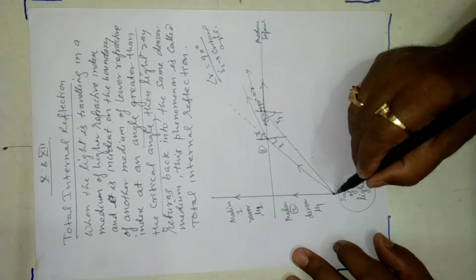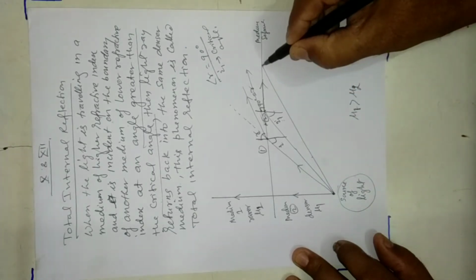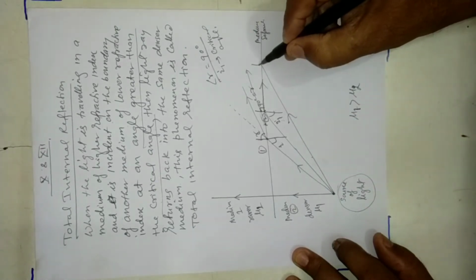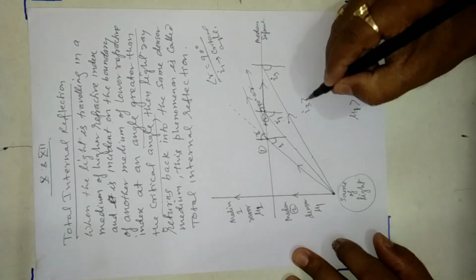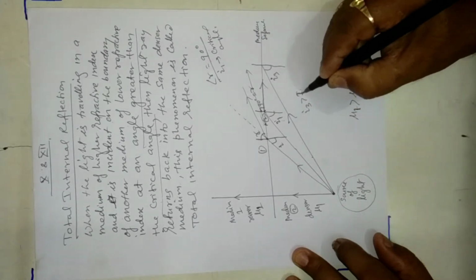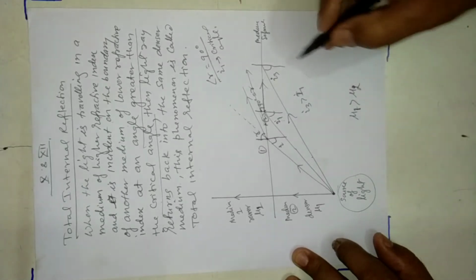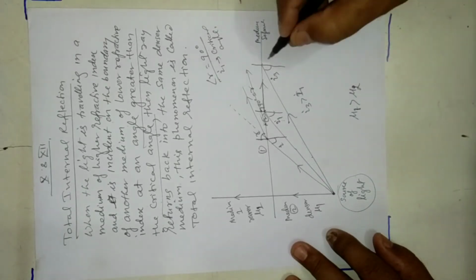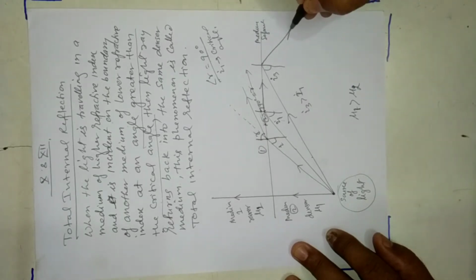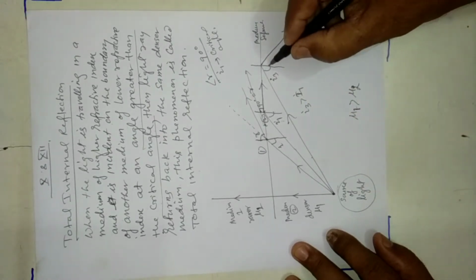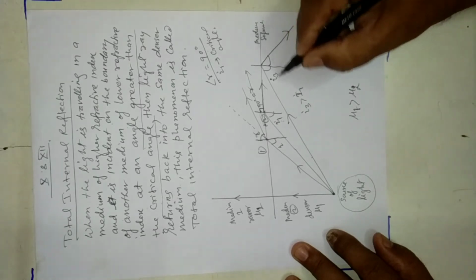So now the third situation we are taking here is an angle I3, and I3 is greater than angle I1. Therefore, what will happen is it will not move into the second medium, it will be reflected back in the same denser medium, and it will be equal to I2.